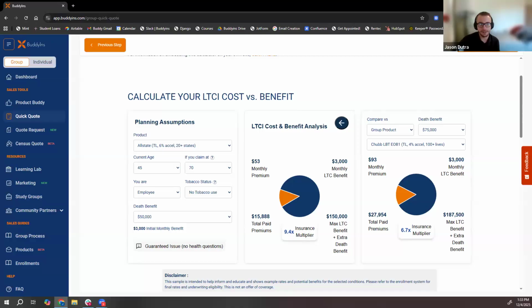Yeah, I agree. And I think one of the things that we have done a lot of is comparing on the monthly benefit amount, right, for long-term care. So when you're comparing a product with 6% acceleration to a product with a 4% acceleration, you may even on this calculator show death benefit amounts that are different but result in the same monthly long-term care access amount, right?